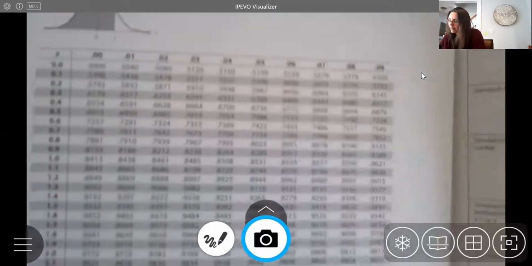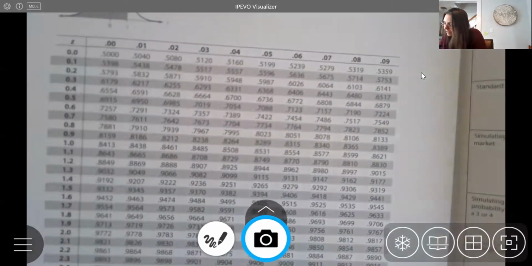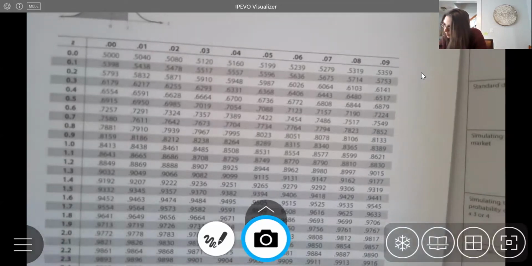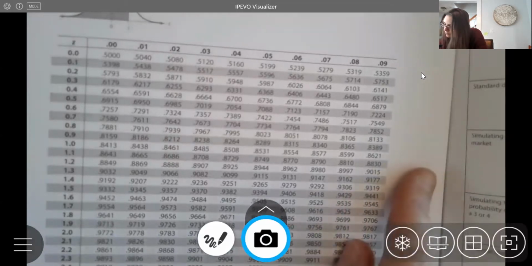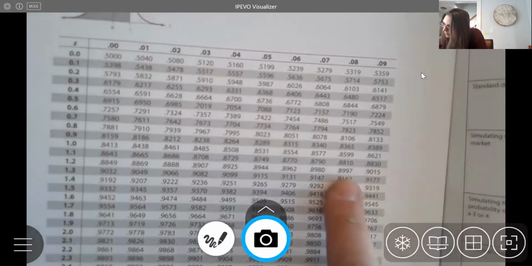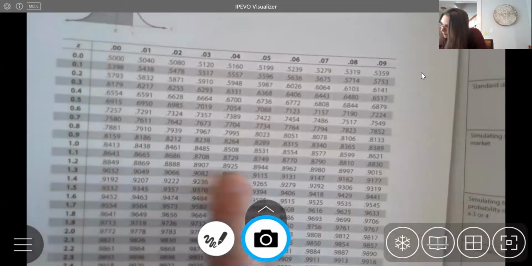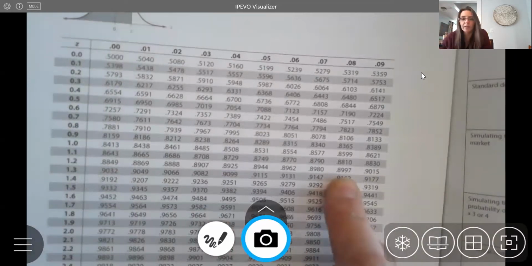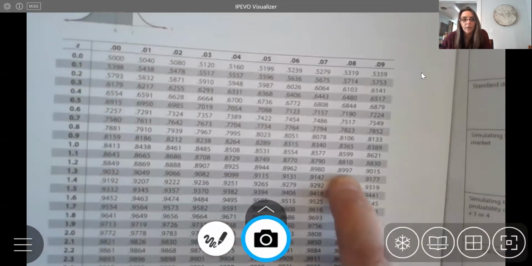So if I come here and I look for that 0.90, see if I can find some. Right, so I see 2 right there. And I think last time we ended up doing this already, we rounded to 1.28 here.